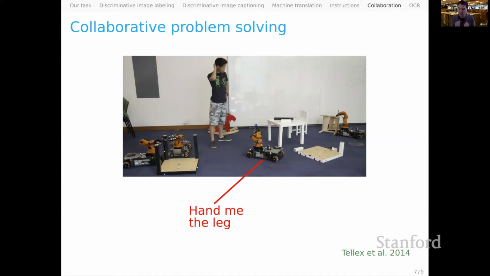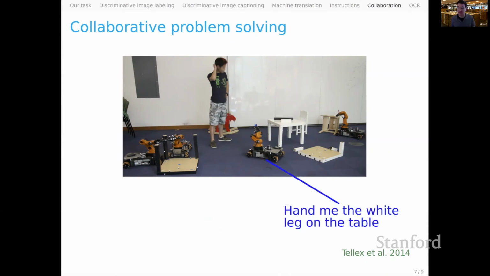The robot should be sensitive to the fact that there are multiple table legs in this context, and the robot needs to ensure that the human listener is not faced with an insurmountable ambiguity. And that would therefore push this robot, in being aware of the listener state, to produce descriptions that were more like, "hand me the white leg on the table," fully disambiguating from the perspective of the listener.